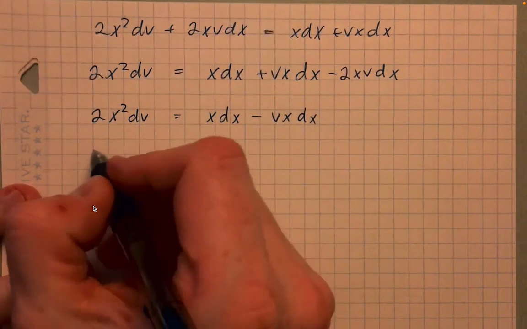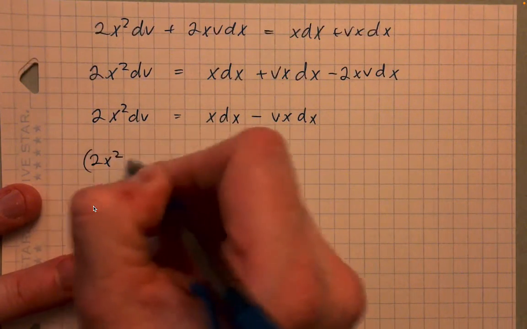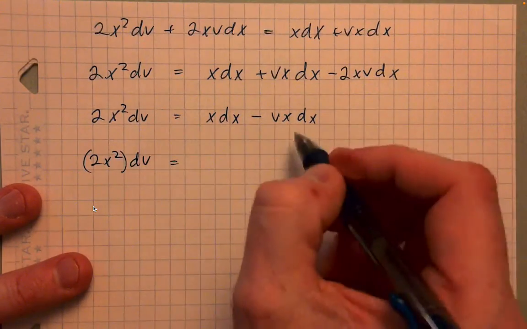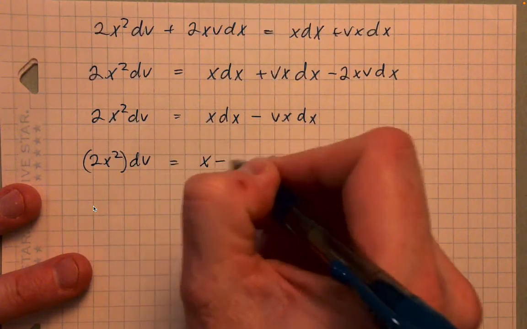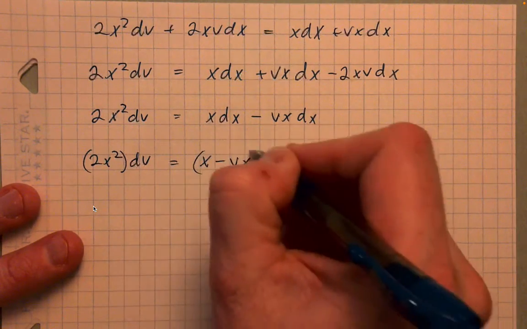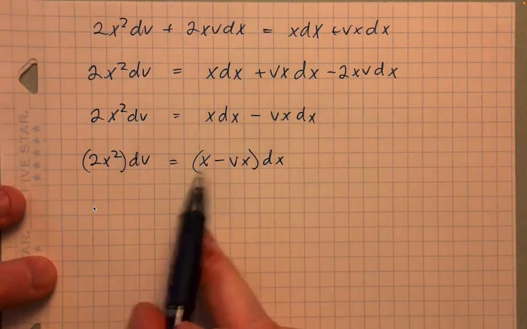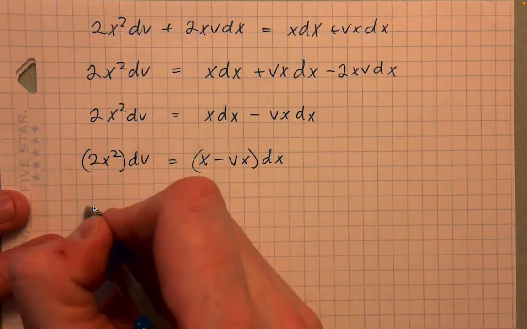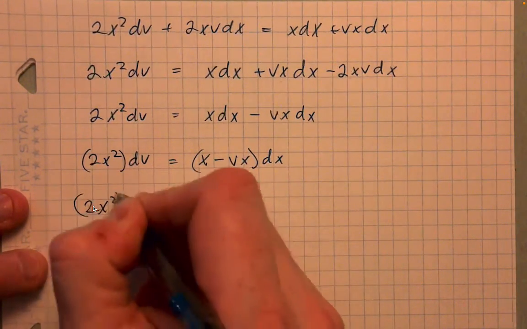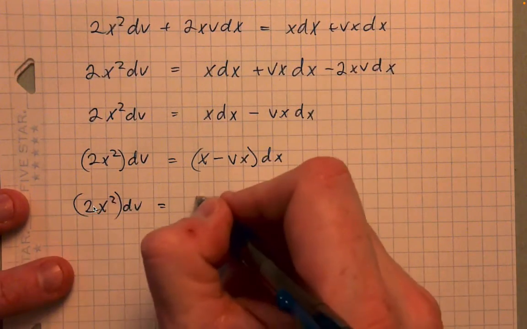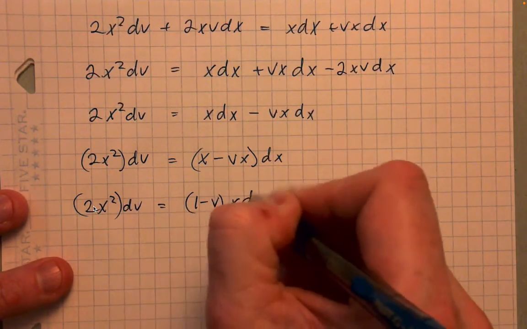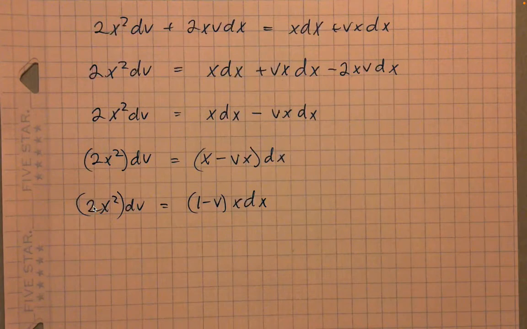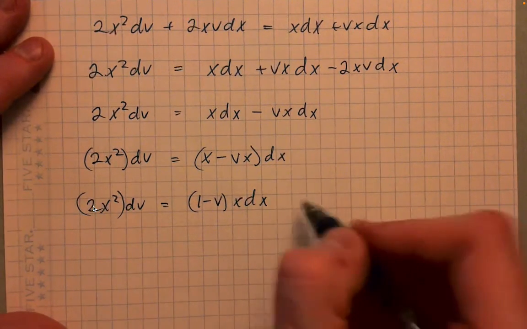Okay, thinking about this part, let's factor out the dx. I get (x minus vx) dx, and I can factor an x out of that. So I have 2x squared dv over here, and then (1 minus v) times x dx over here. And so we can see what's going to happen.